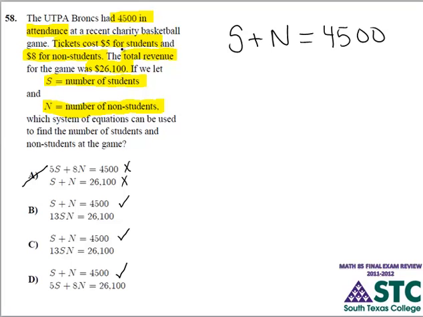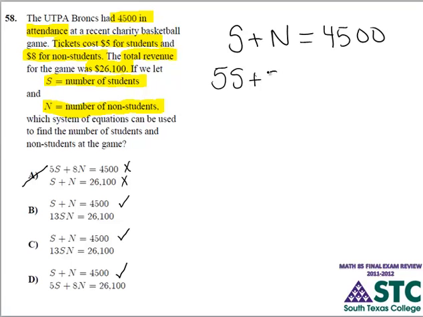Now let's go back to our information on ticket costs and revenue. So we know that if we were a student, we would pay $5. So 5 times S would give us the revenue for the number of student tickets that were sold.